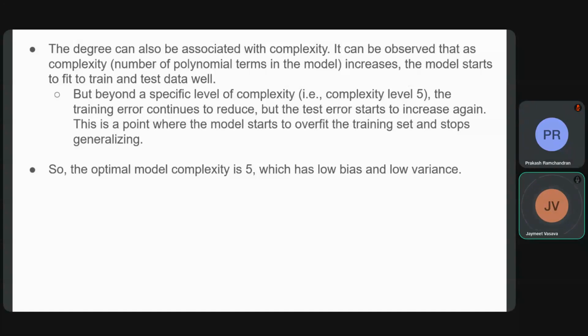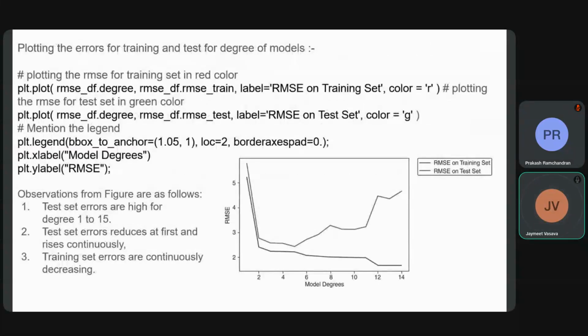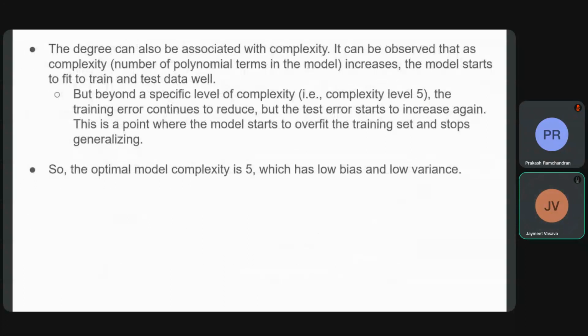But beyond a specific level of complexity, as we have seen over here for the degree value of 5, the test error starts to increase again. That is the point where the model starts to overfit the training set and stops generalizing. So our optimum value will be 5, which has low bias and low variance.